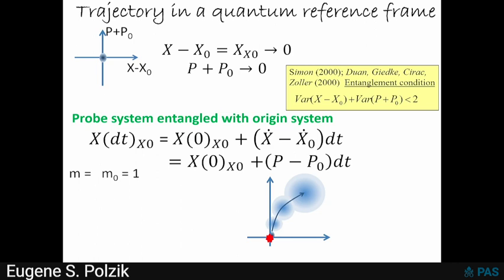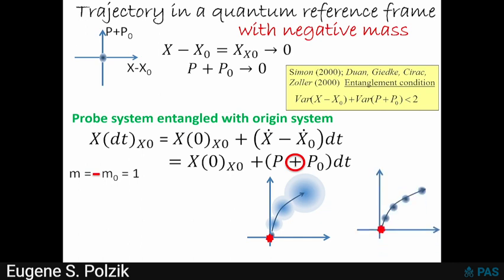If you write down very simple kinematics, you will immediately see that this involves the difference of the two positions and the difference of the two momenta, and they don't commute. And therefore you have diverging trajectories. But if the effective mass of one of the systems is actually negative, then you have commuting variables defining your trajectory, and that's the story that I'm going to tell you.